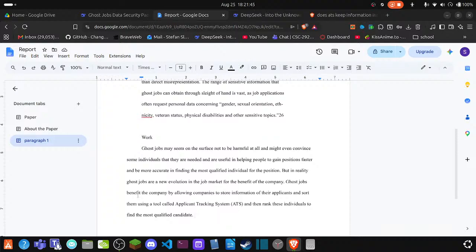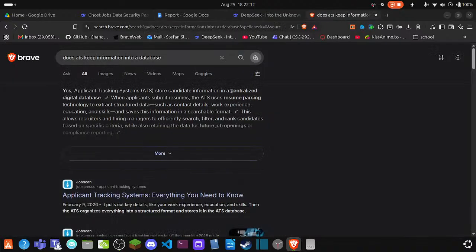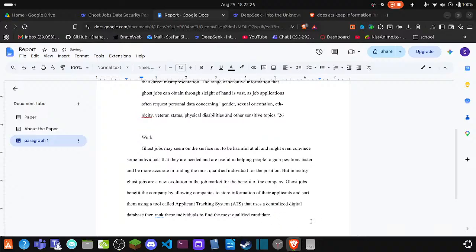That shows the company is allowing storing information of their applicants and sorting them using a tool that uses a centralized database, and then ranking these applicants to find the most qualified candidate for the position. Okay, there we go.